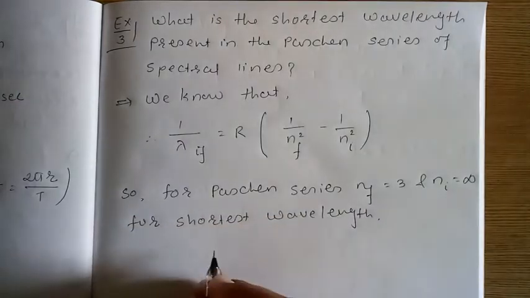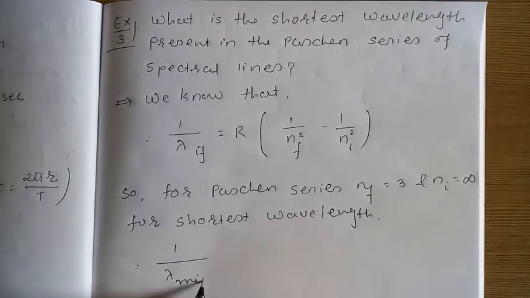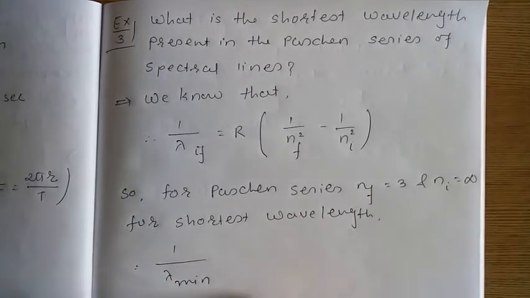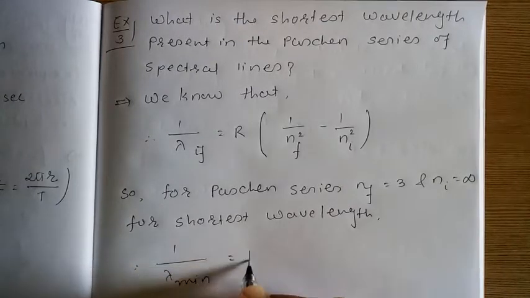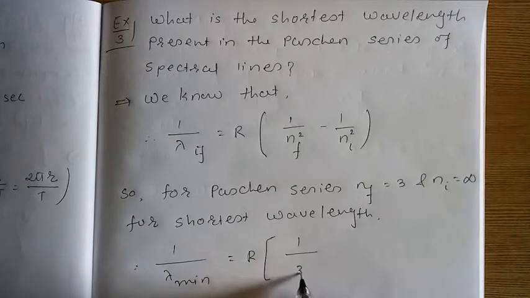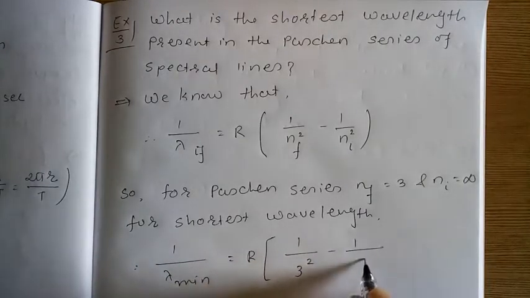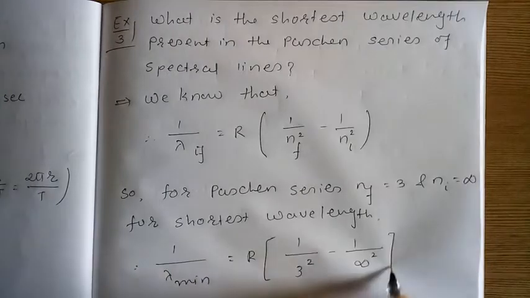So 1 upon lambda minimum, shortest wavelength, is equals to R into bracket 1 upon NF, value of NF is 3, so 3 square minus 1 upon NI is infinite square.